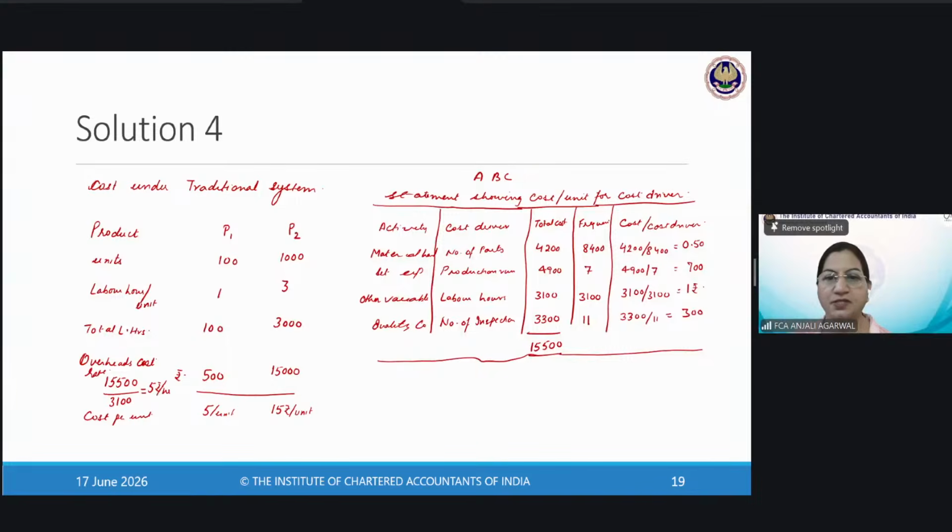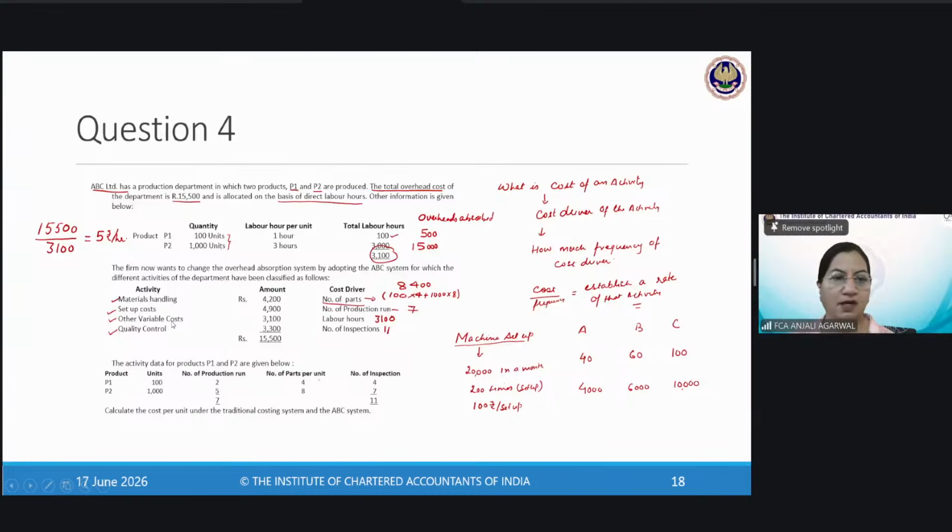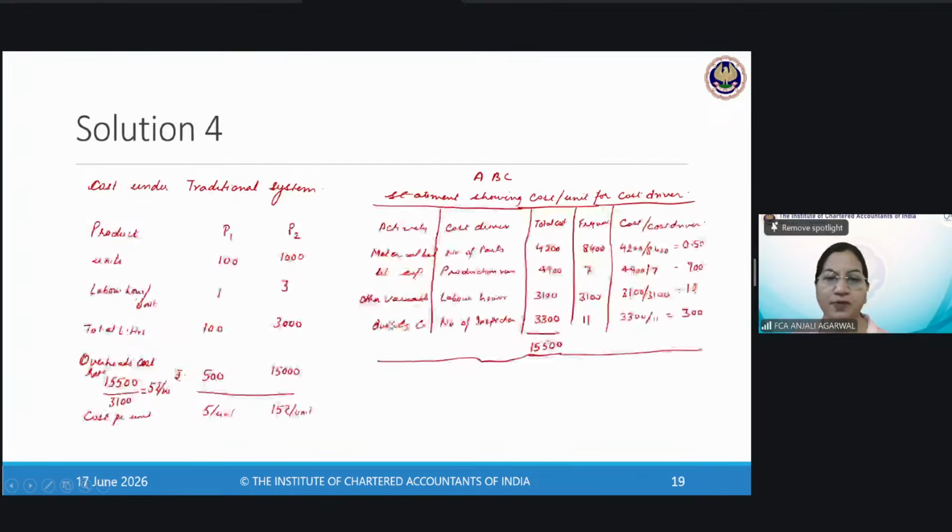The third expenditure is your other variable expenses based on labor hours. Other variable costs of 3,100 based on labor hours, which are 100 for P1 and 3,000 for P2.